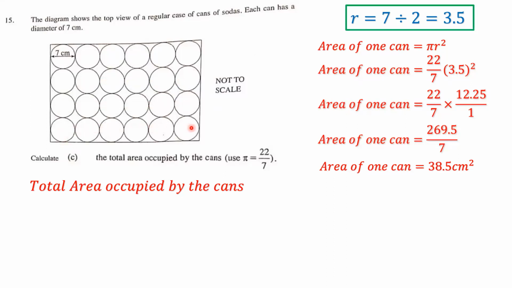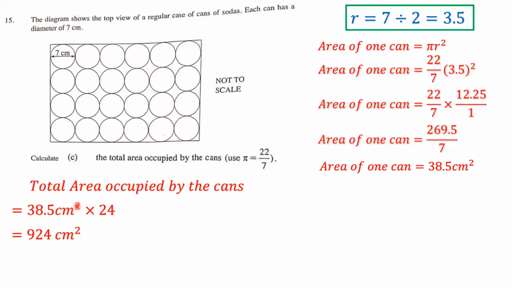So there are 24 cans. We multiply the area we got, 38.5 centimeters squared, by 24, and we get the total area occupied by the cans, which is 924 centimeters squared.